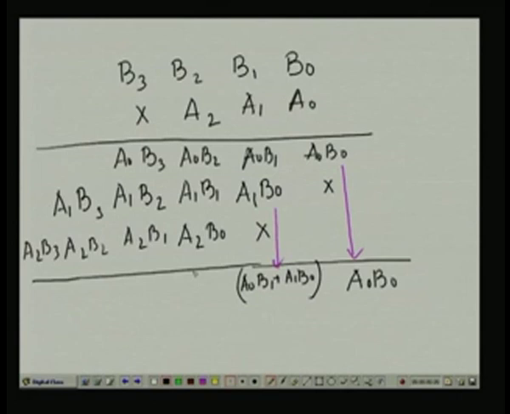Now, for the third term it will be A0 B2 plus A1 B1 plus A2 B0 plus the carry coming from the second term.